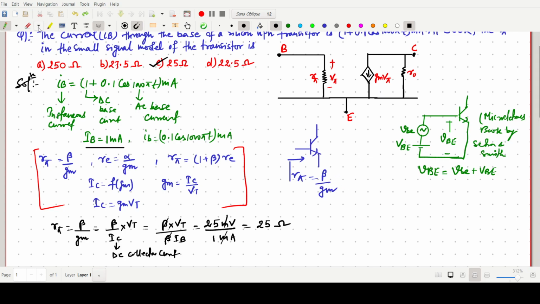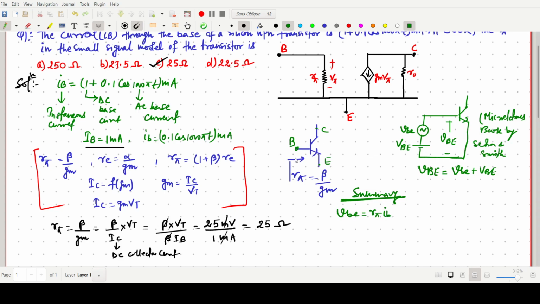For the summary, I want to write some formulas that we have to know. Suppose this one is our base, emitter, collector. A small signal voltage across VBE is nothing but R pi into ib.